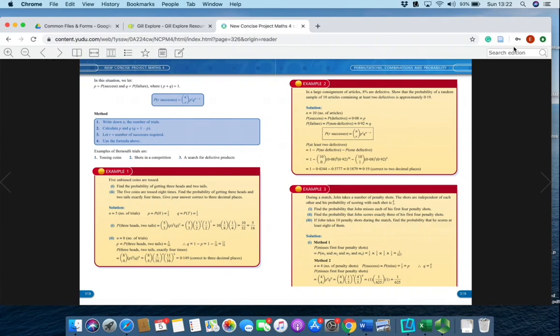Okay, so let me just get my pen and read example 1. So 5 unbiased coins are tossed. Find the probability of getting 3 heads and 2 tails.